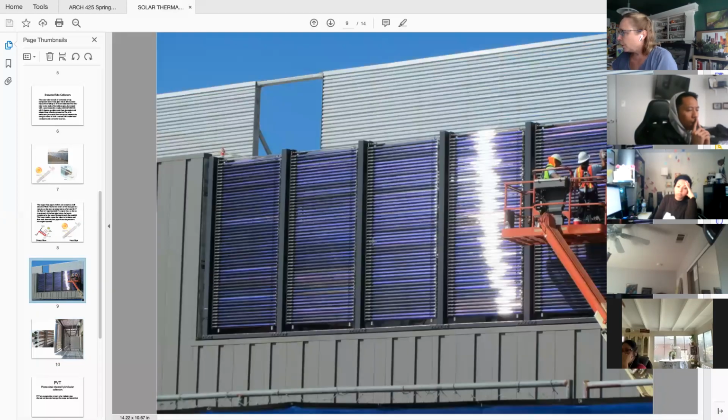So from here, you're looking at the outside. You can see all of those. They look like they're purple, but they're those copper fins inside the tubes.